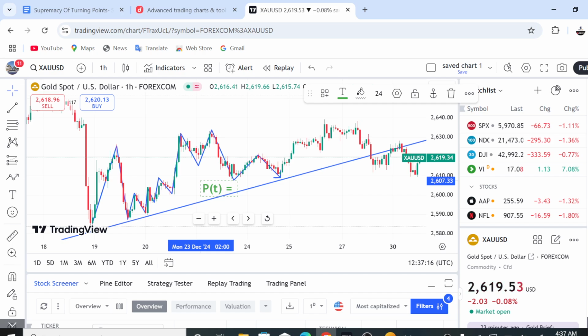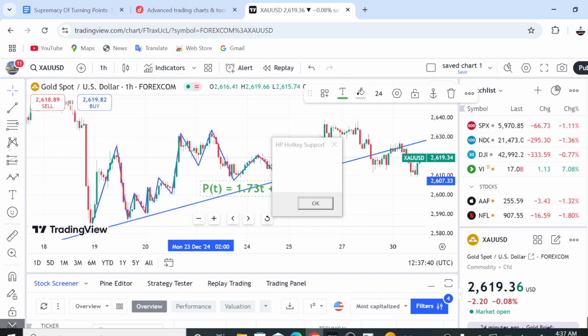So the tangent, which is the slope measuring formula, the tangent of 60 degrees is 1.73. So we have the slope is 1.73 times time plus the intercept, okay?